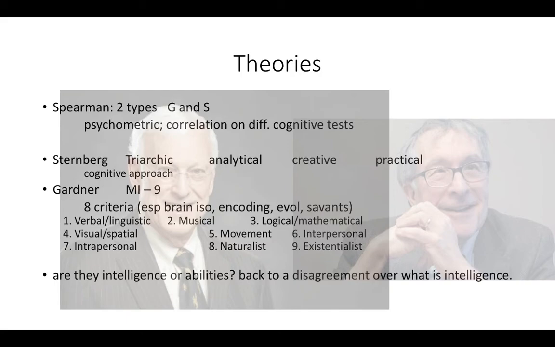So he looked at how people did on the early intelligence tests or cognitive tests, and he found that despite people being tested for slightly different stuff, whether it was fluid reasoning or verbal ability or mathematical reasoning, there's a correlation, and it varied, so maybe at times like 40% between how people would score on the different tests.